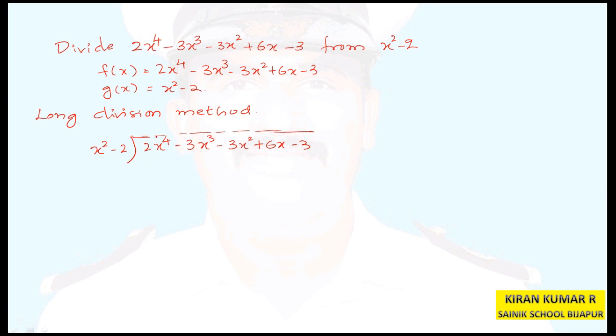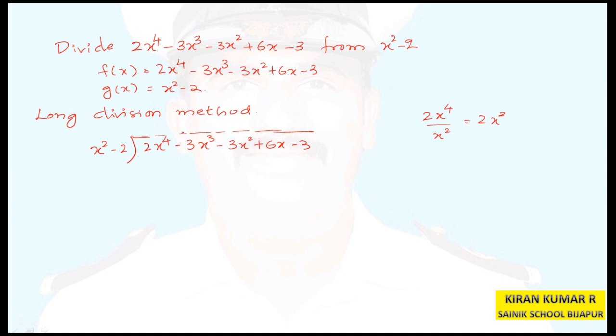What should be multiplied here? The quotient, what should be considered so that I'll get 2x to the power 4? To understand that, let me write it here. The first term of the quotient is, x to the power 4 I have to divide by x square, I'll be getting 2x square.